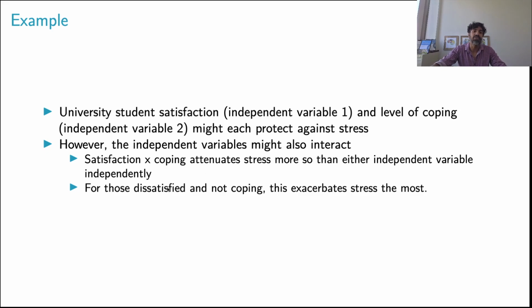For example, for those dissatisfied and not coping, maybe this exacerbates stress the most. So essentially what you should be thinking is, is the effect of the two together greater than the effects of them alone? Because that's conceptually what interaction is. It's saying the effects depend on something else, whereby the effects are greater with their presence together than individually alone, as they are additively.